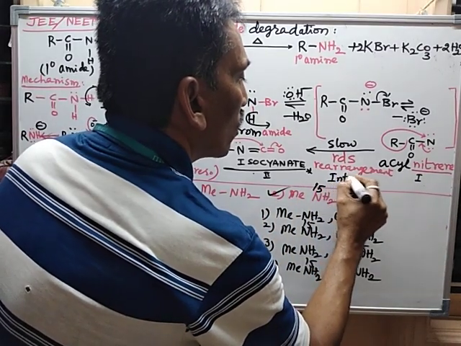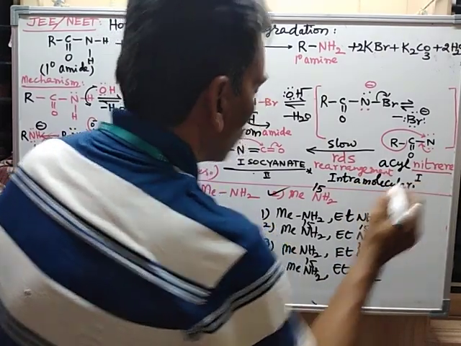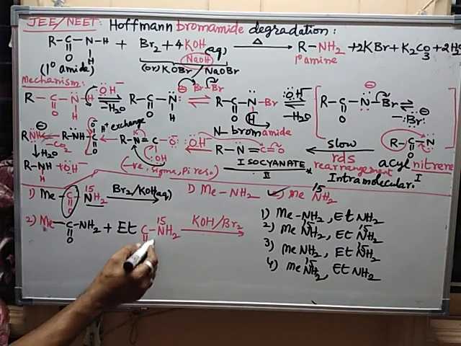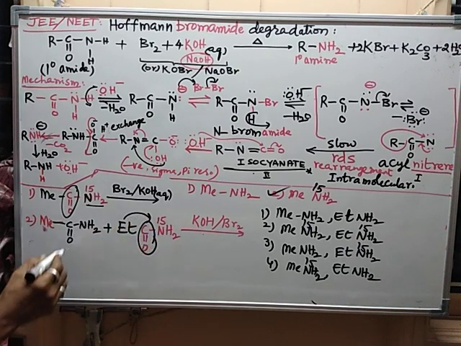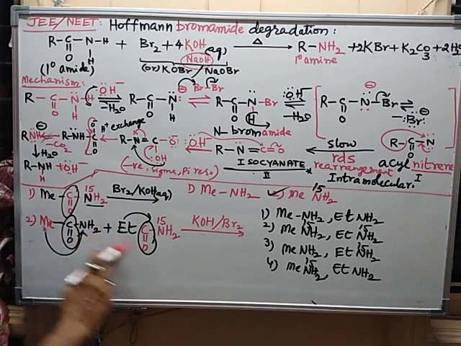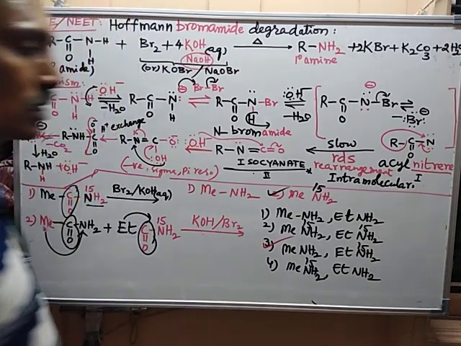This is intramolecular, no exchange. So here this nitrogen is not exchanged with this one, therefore this is removed, attached; this is removed, attached. So the correct answer in this connection is methyl group with normal NH2 and ethyl group with isotopic NH2. The third option is correct.